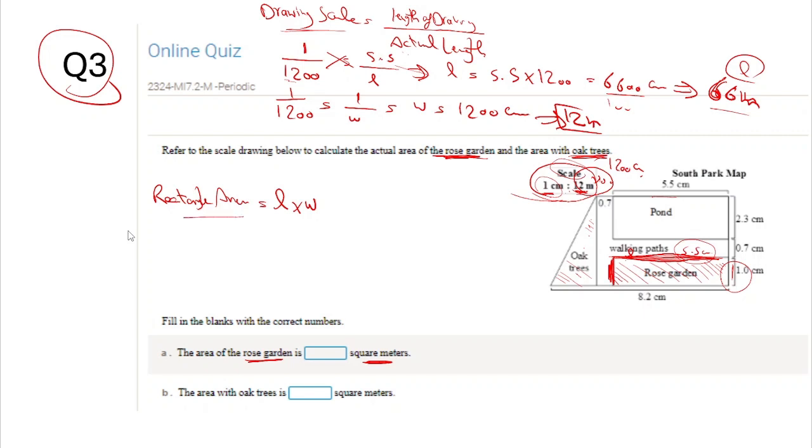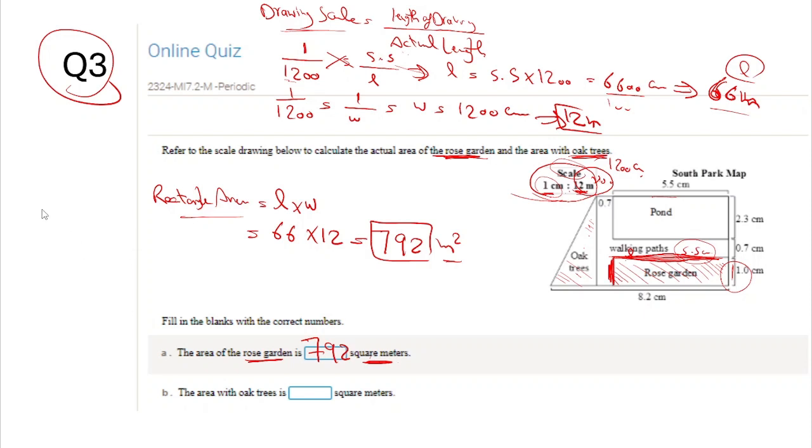Now, so the rectangle area will be 66 multiplied by 12. Okay, so 66 multiplied by 12. So the area will be 792 square meters. So this answer will be 792 square meters.